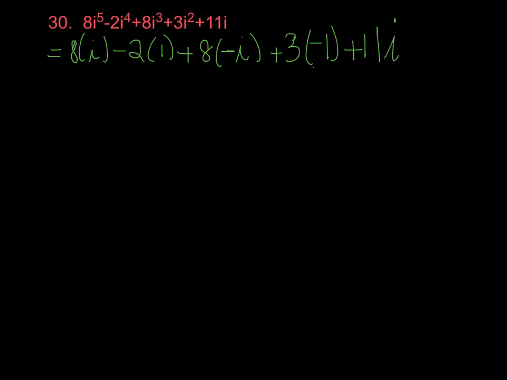So now all I'm going to do is combine like terms. I have a positive 8i and a negative 8i, so those are going to cancel out. And I just have the 11i down at the end there. I'm going to put that second, and I'll explain why in a minute. Then, if we look here, I'll circle it in red. I've got a -2, and I've got a -3.